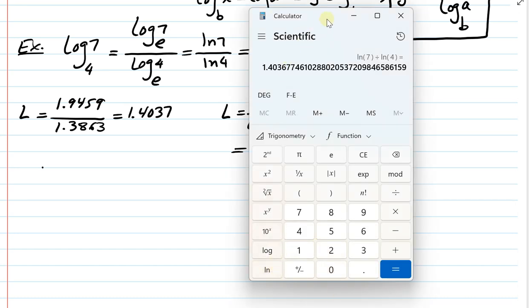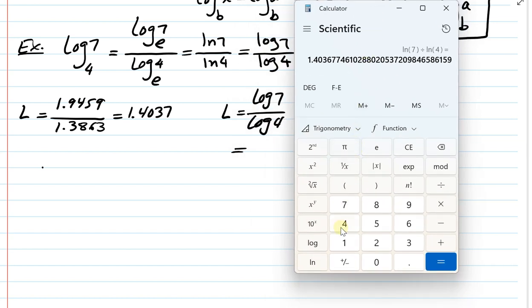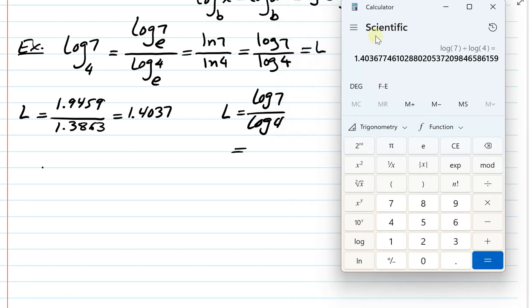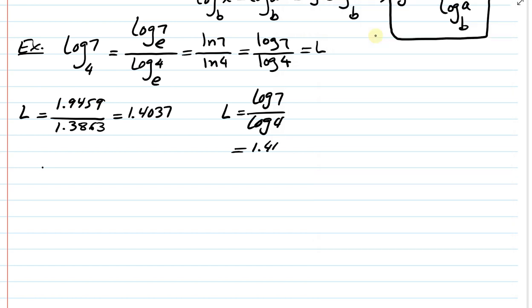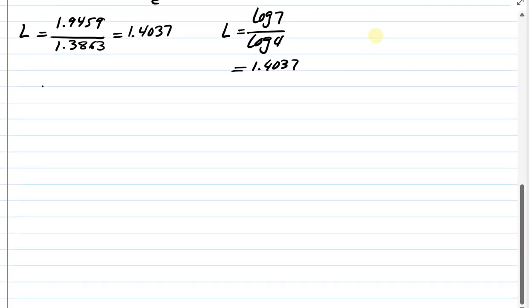So that would be 7 common log divided by 4 common log. You see that? Equals. And look at the answer. It's exactly the same as before: 1.4037. So it doesn't matter whether you go common log or natural log, whichever your calculator is capable of.